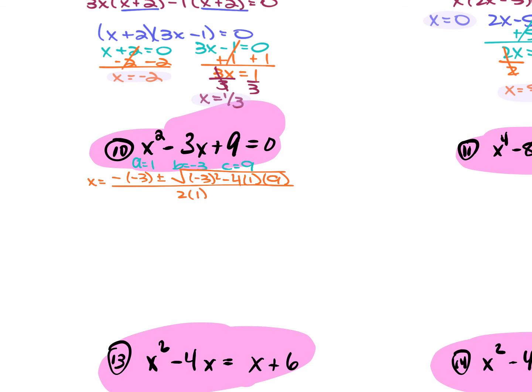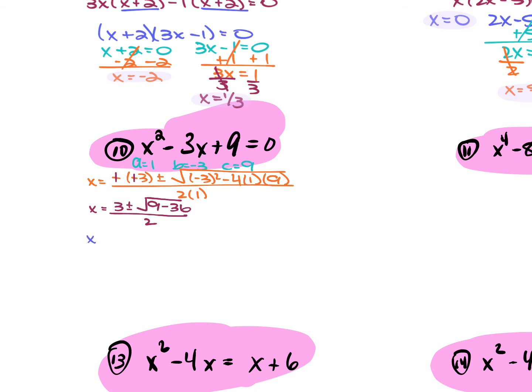The opposite of negative 3 is positive 3, plus or minus the square root of negative 3 squared is 9. Negative 4 times 1 is negative 4, times 9 is negative 36, all over 2 times 1, which is 2.